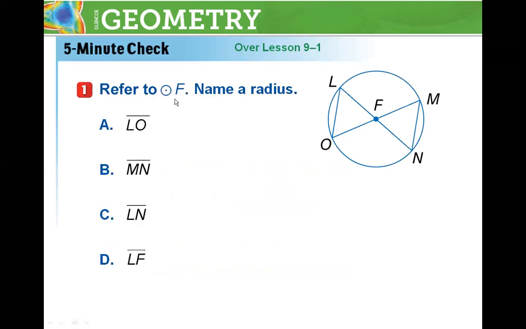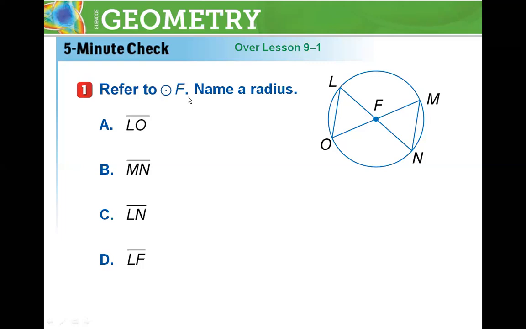Refer to circle F, name the radius. I need the name of the radius: LO, MN, LN, or LF. Which of the following represents a radius in the circle F?